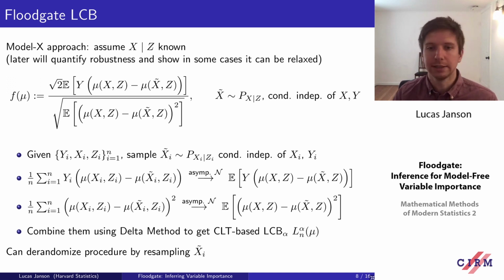We just have to resample x tilde i a whole bunch of times, average things in the right way, and it all works fine. However, it turns out that all of our guarantees hold no matter how many times we resample x tilde i, which is sort of nice. So we don't need to resample x tilde i many, many times in order for our guarantees to hold. But if we do want to de-randomize our procedure, we should keep resampling x tilde i as much as we can.